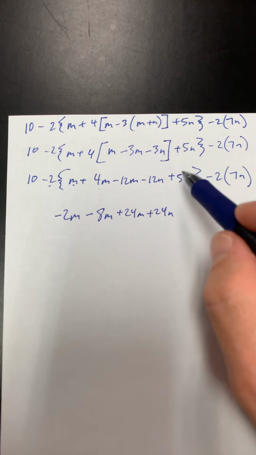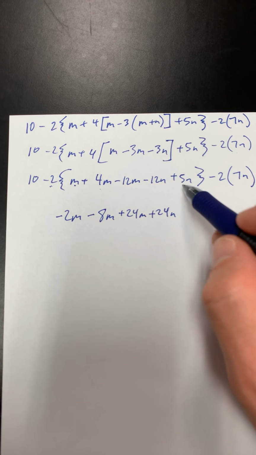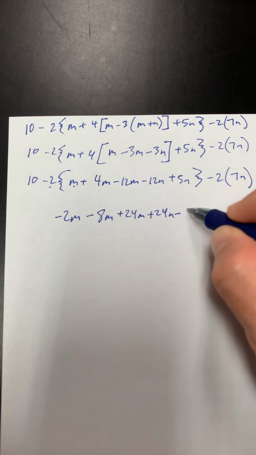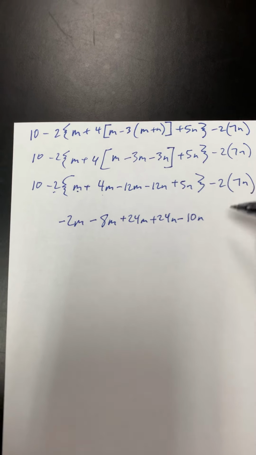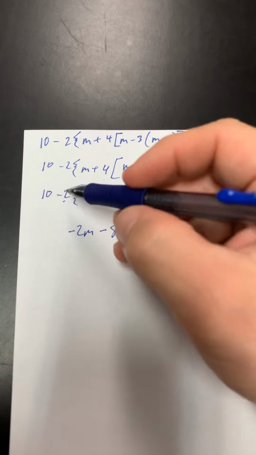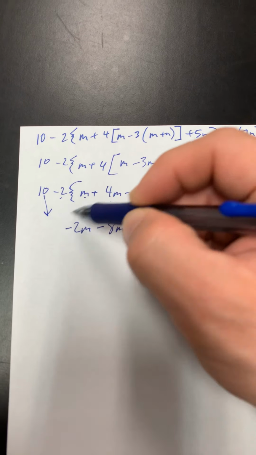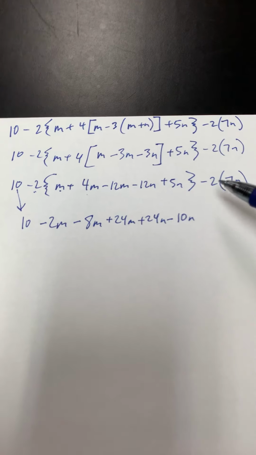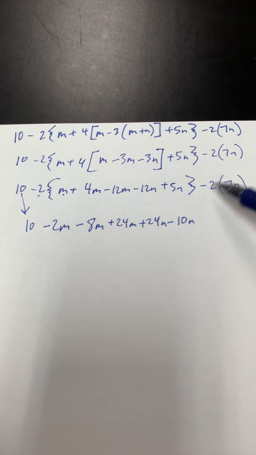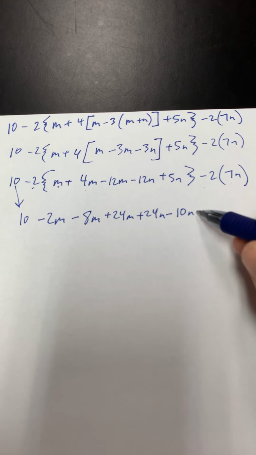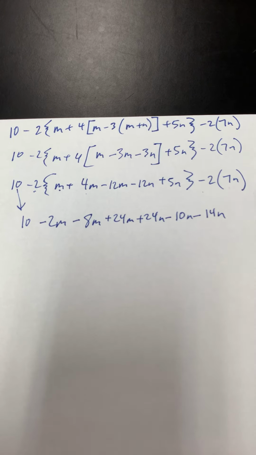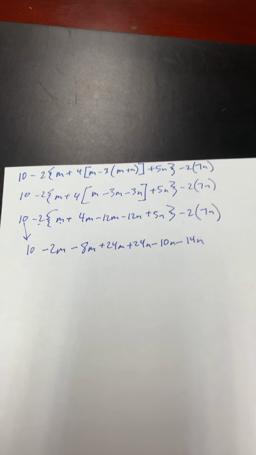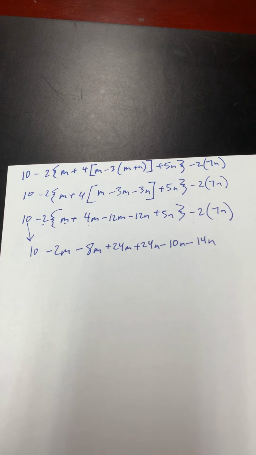Negative 2 times positive 5n is negative 10n. Now we bring this 10 down. Haven't done anything with that 10 yet. And let's distribute this. Negative 2 times 7n gives us negative 14n. So we've removed all of our grouping symbols.